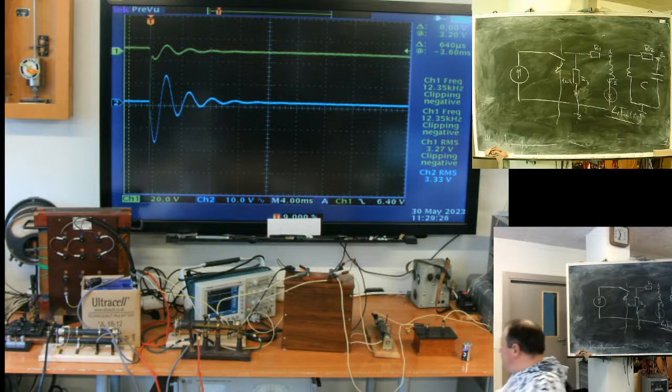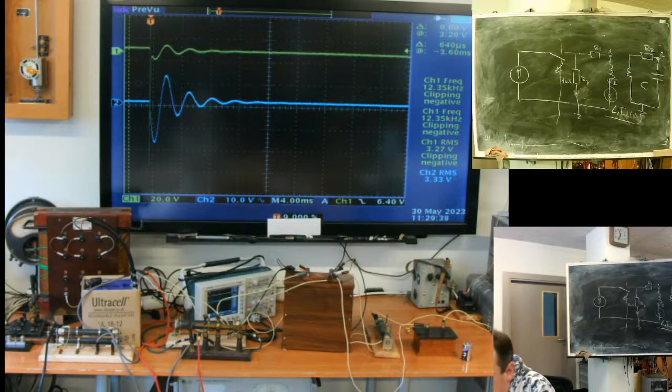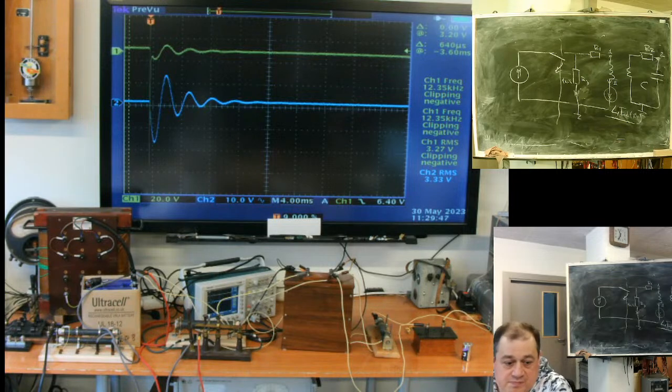So with the help of this technique, it is possible to solve the transient problem. First, you calculate with traditional theory of electrotechnics. And yes, it works.